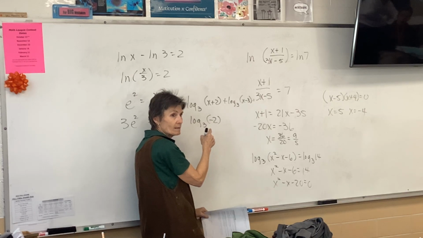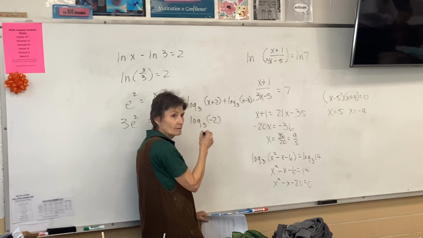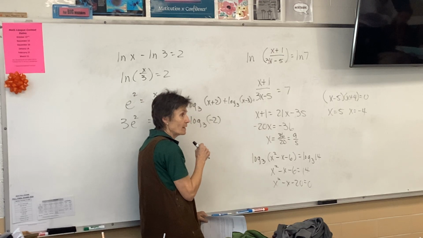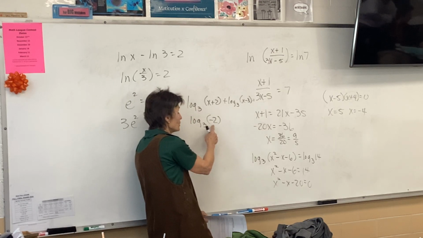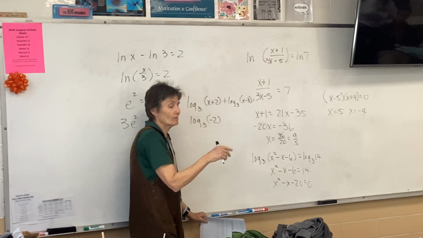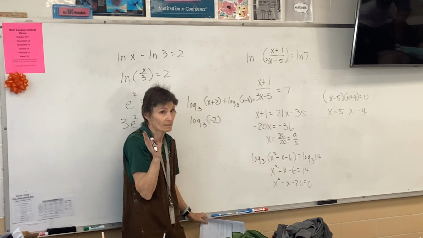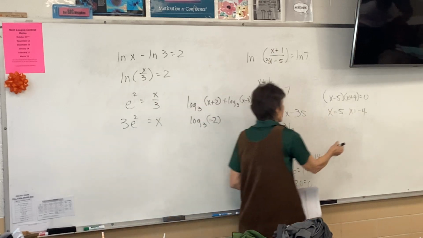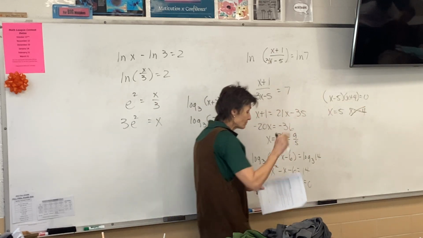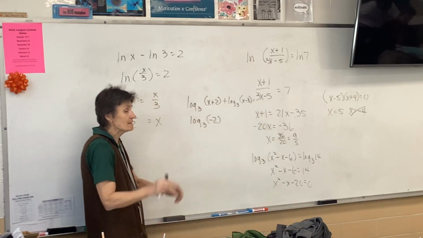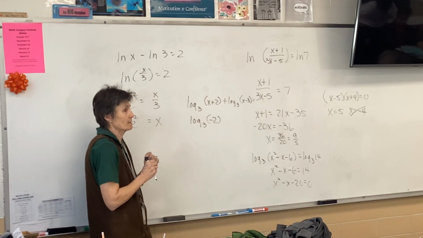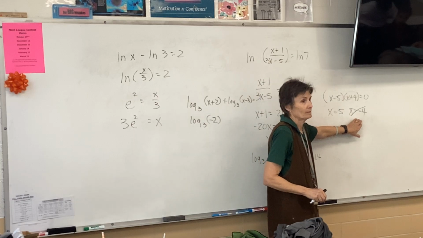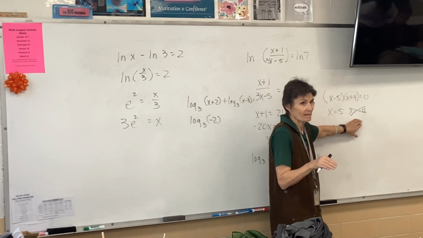What's the domain of logarithms? The domain is bigger than 0. x has to be bigger than 0. If you tried to type in a calculator log of -2, it's not going to like it. You can't take the logarithm of a negative. So this is an extraneous root. Now what I need to make sure you understand is, it's not extraneous because it's negative. We can have negative answers.